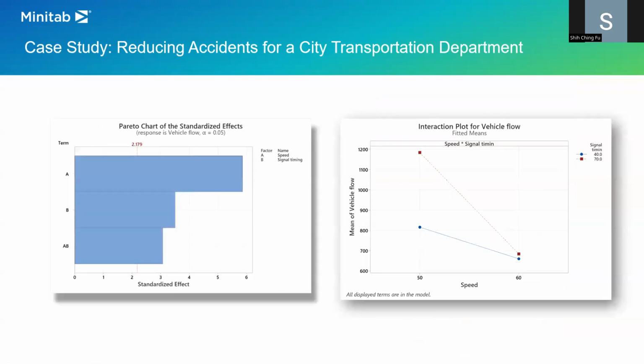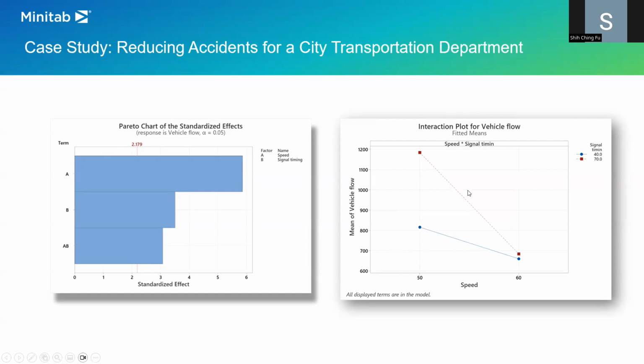Then when you run the analysis in Minitab, we see the terms A, B, and AB, which means speed, signal timing, and the interaction. All of them are significant. If all of them are significant, I'm really interested in the interaction. I can't just look at A and B and forget about it. Thinking about A, you have to consider B. That's what it means when the interaction is significant.